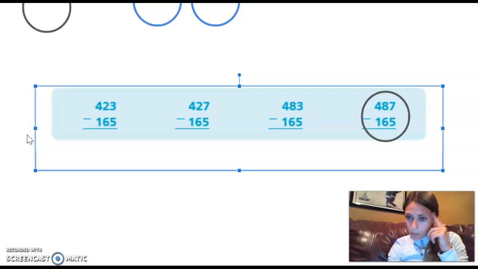So think about which problem you need to ungroup only once. 427 minus 165.